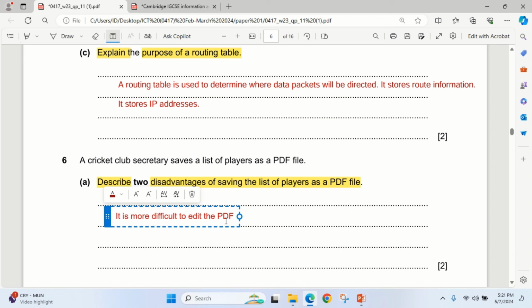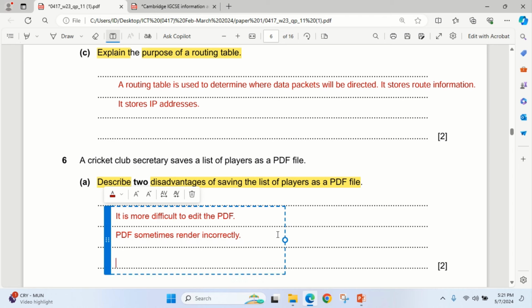Another thing is that when you try to edit it, a PDF sometimes renders incorrectly, so it may lose the layout, scatter the layout of the document.